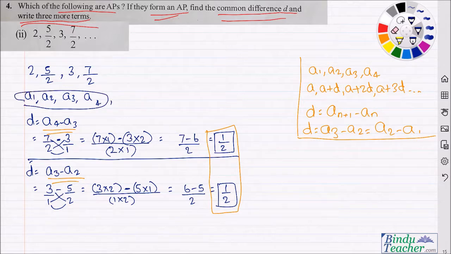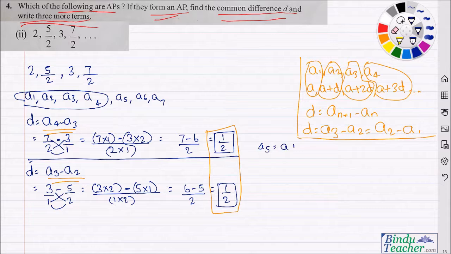Now we need to find three more terms, which will be A5, A6 and A7. If you see the formula here, this is A1, this is A2, this is A3 and this is the formula for A4. So as you can guess, the formula for A5 will be A plus 4D.